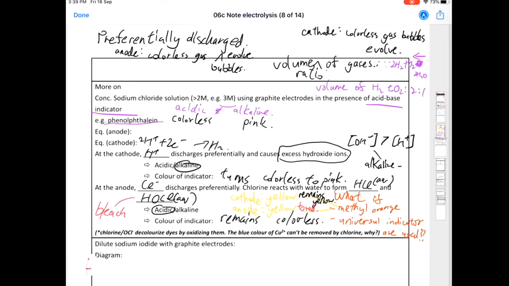Bleaching means to make things white. So after the indicator turns from yellow to red, what will happen next? It changes color again. Colorless again. Finally, the solution will become colorless because of the bleaching property of HOCl.